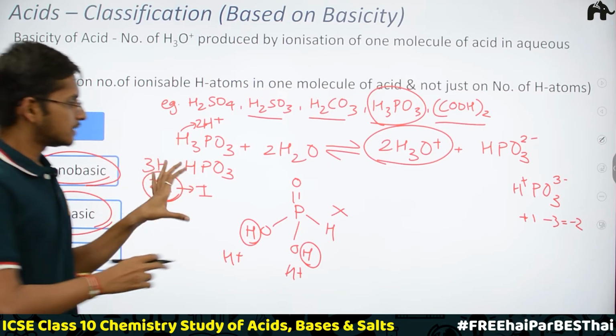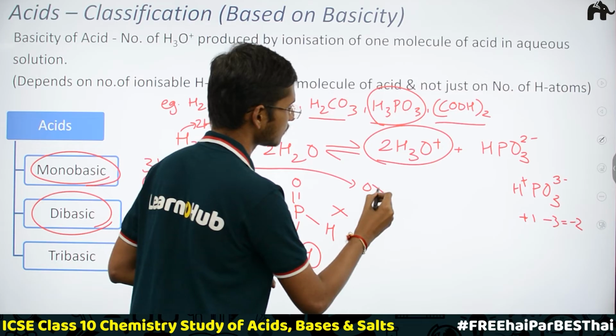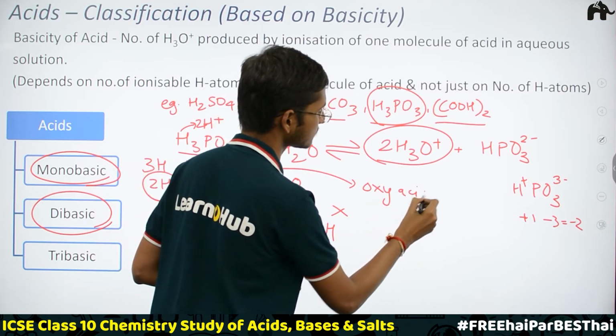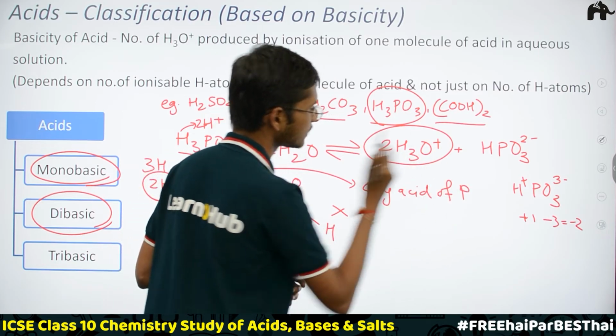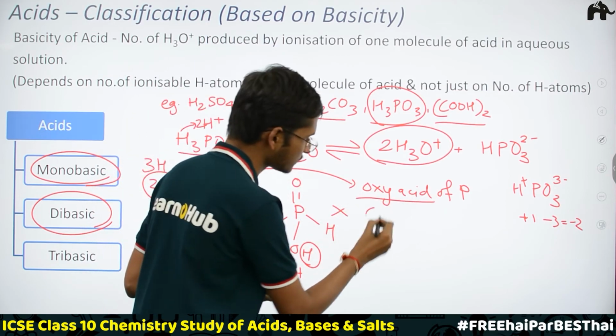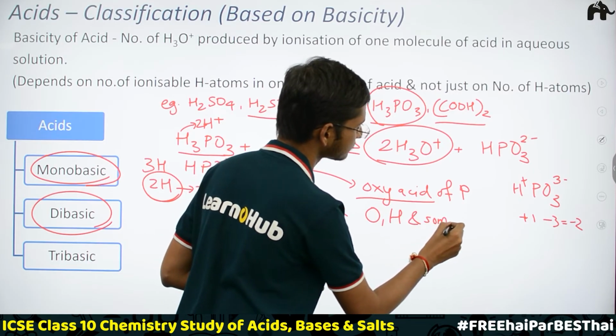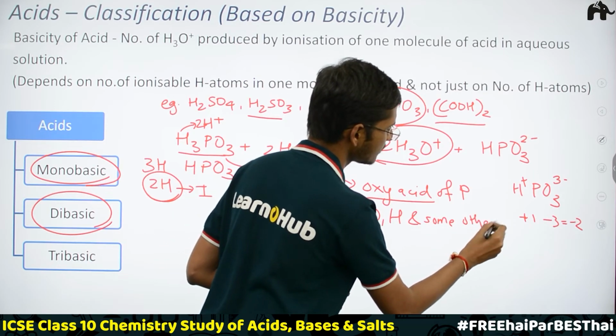Now this acid, H3PO3, we call it an oxy acid of phosphorus. Now, what is actually an oxy acid? Oxy acid means the acids which have oxygen, hydrogen and some other element. So it's very easy.